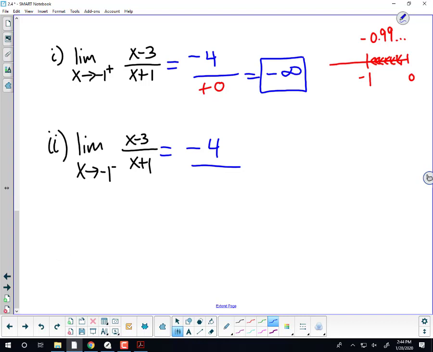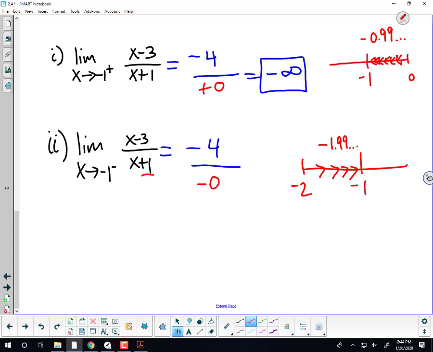And from the left. As we approach -1 from the left, x plus 1 approaches what? Yeah, 0 through negative values, right? Because now we're over here approaching this way. So it's like -1.99, etc. Added to 1 gives us a small negative number.